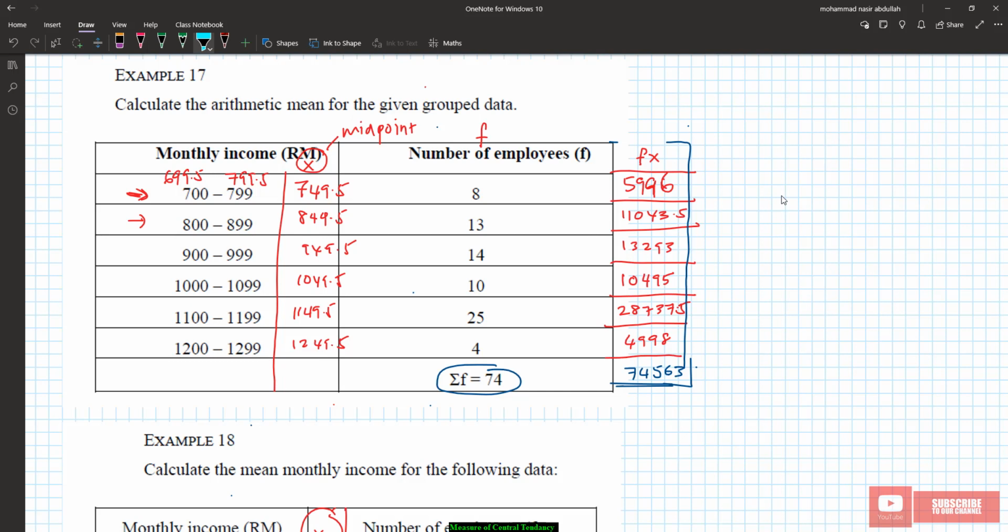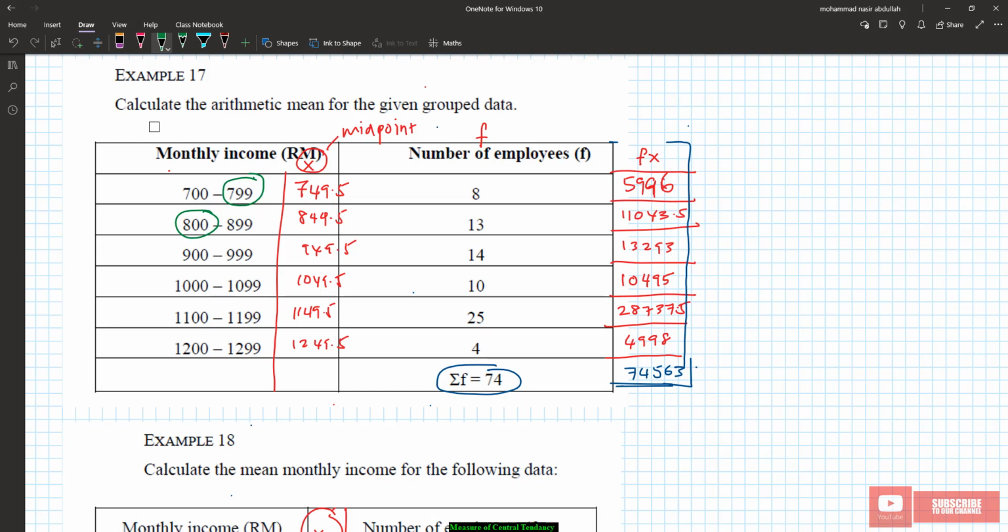In example number 17, we have range values. So range from 700 to 799, and then we have 800 to 899. If you can see here, 799 and 899 are not equal, so it's not a class boundary.